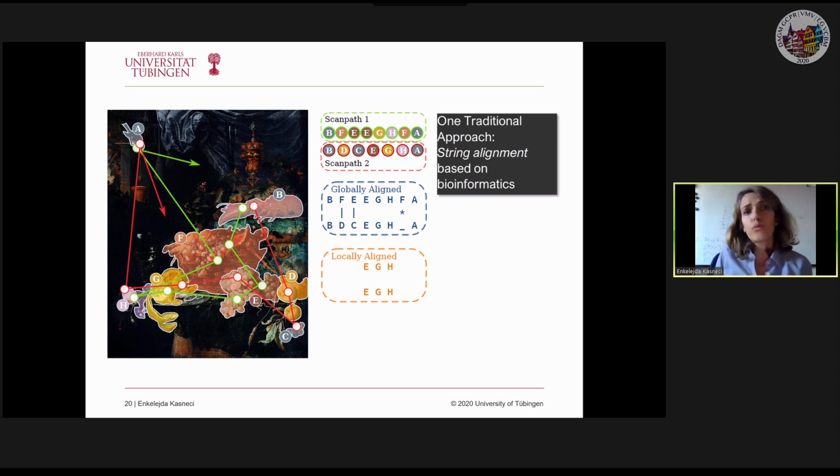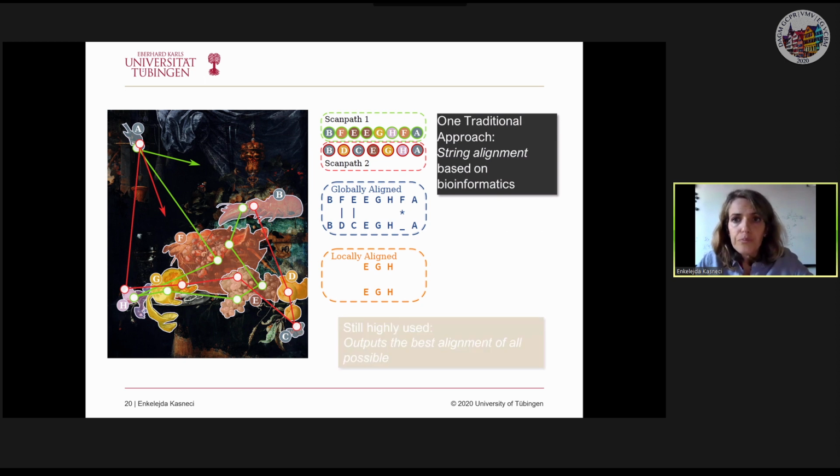A global alignment will give you a score of how similar two scan paths are as a whole, which might be a meaningful measure, but the most interesting parts in the scan paths are so-called repetitive sub-patterns, right? Typical sub-patterns that stand for different activities, for example, and they can be identified in a proper way by applying local alignment.